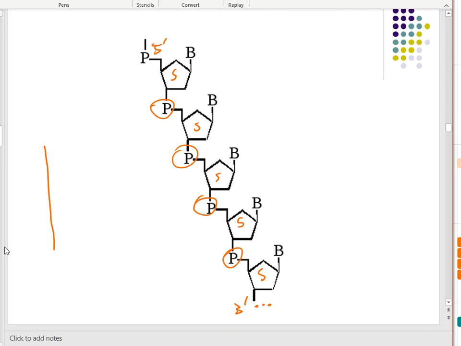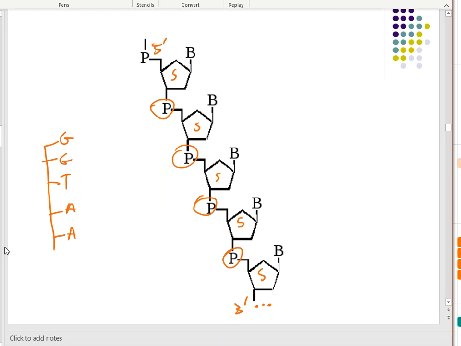I've just gotten really lazy here, and I didn't draw anything else. And then my bases will typically point out like this. So maybe this is an A and an A and a T and a G and maybe another G. Who knows what's there? That's where we all become different. How are the base pairs ordered up with each other?